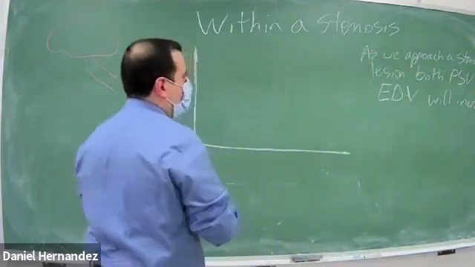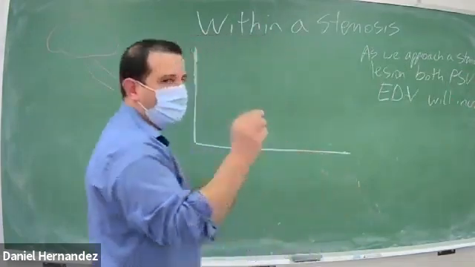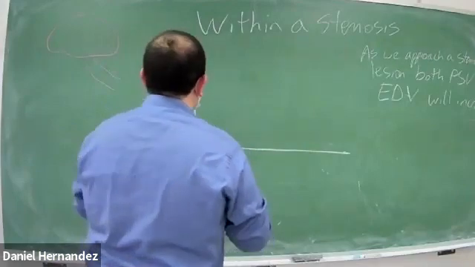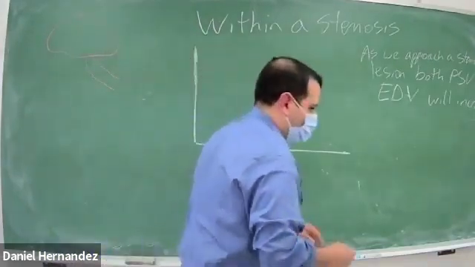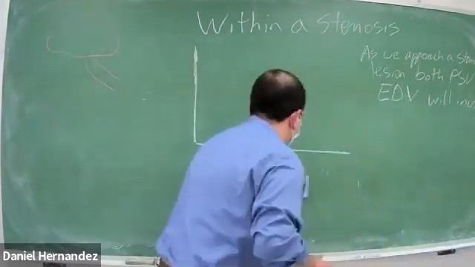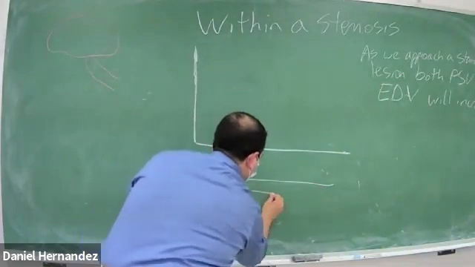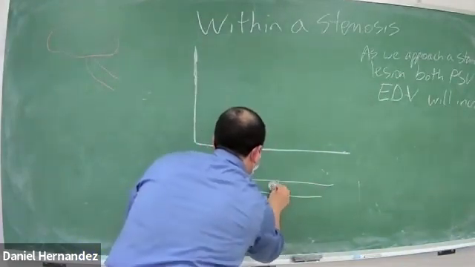So now I'm talking about when we're actually in the stenosis. As I say, as we approach, we're right before the stenotic lesion. So we'll draw our lesion down here again. So we have our stenotic lesion here.